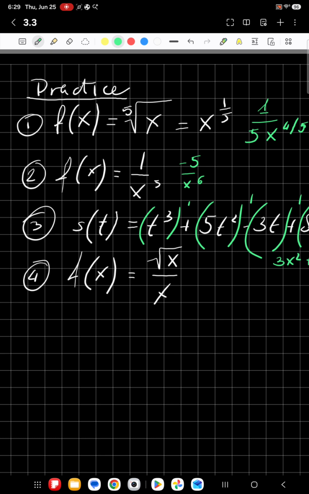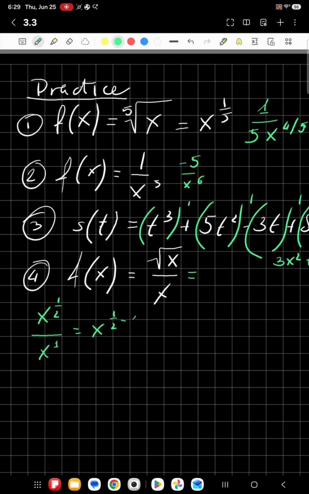So we have that square root of x over x, so we can rewrite it as x to 1 over 2 over x. We could write 1. Okay, so we have x to 1 over 2 minus 1, right?